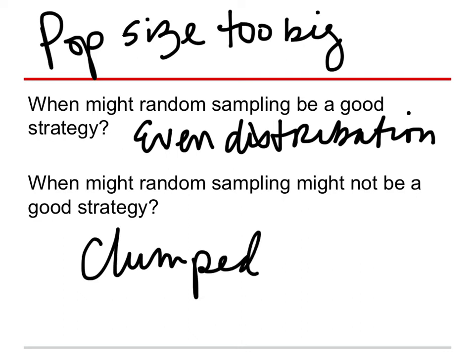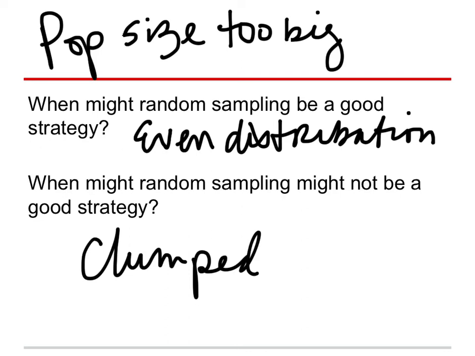And secondly, if our population is not evenly distributed, that is to say, if there is some kind of clumped distribution. Let's imagine a particular forest where we're trying to sample a certain kind of fungus, and that fungus is only located at the very center of the forest.